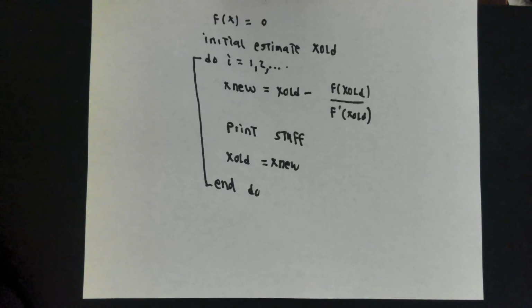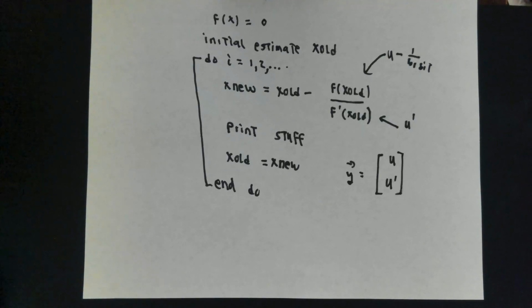The thing that I'm trying to make 0 is u minus a constant. The derivative of u minus a constant is the derivative of u minus the derivative of a constant. On the other hand, because of the way we set our differential equations up, the y vector has components u and u prime.